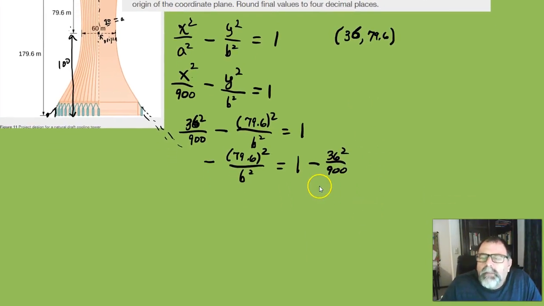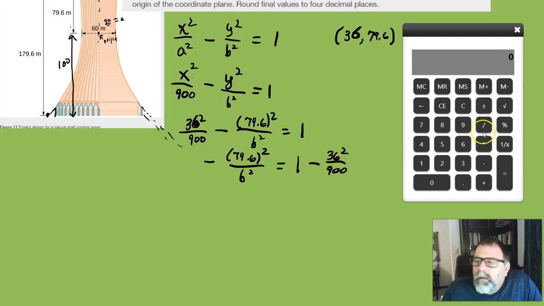All right, 36 times 36 is 1296. And then 1 is 900 over 900, so 900 minus 1296. My answer will be negative, so this will be negative 396 over 900. I'm not going to worry about reducing it right now.